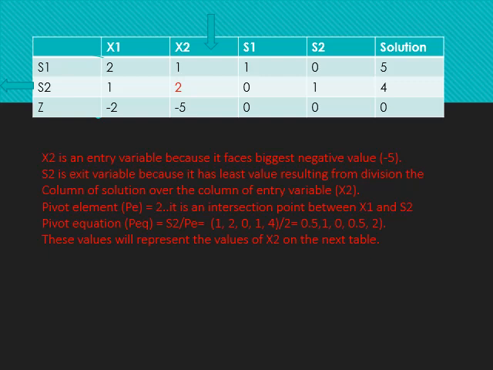So S2 equal 1, 2, 0, 1, 4, close the bracket, over 2. So the result is 0.5, 1, 0, 0.5 and 2. These values are also considered as the values of x2 in the next table.